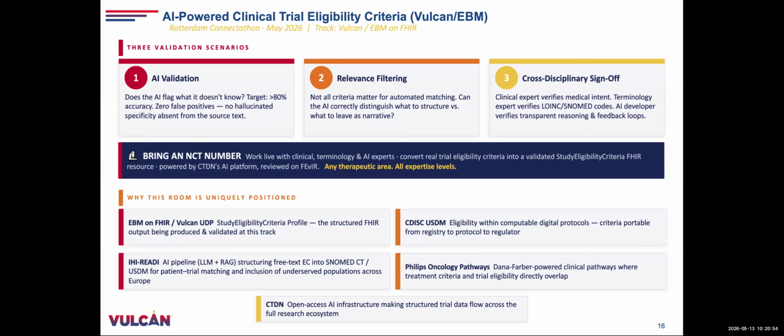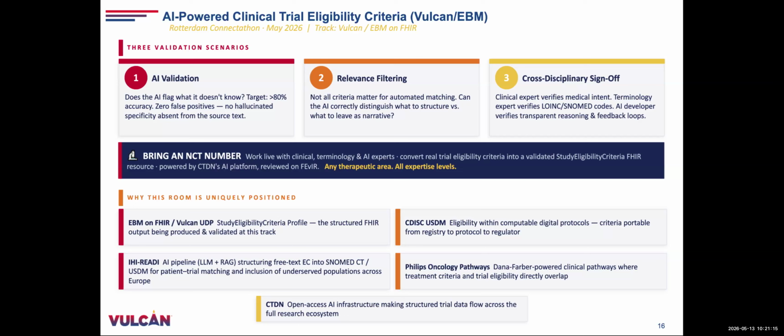But with the IHI Ready pipeline with USDM content, there was a request to add a scenario in one of the three tracks to convert the USDM data, especially related to eligibility criteria, to the FHIR form.